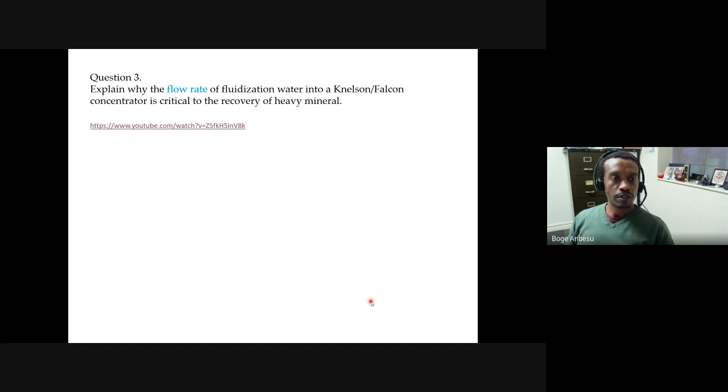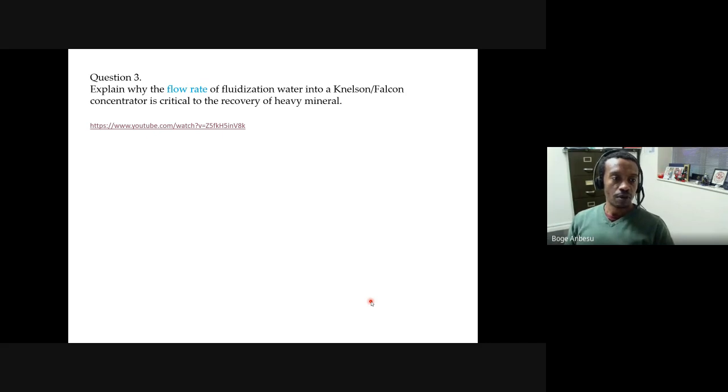Okay, and this question is talking about the importance of flow rate of fluidization water. I mentioned to you that fluidization water is applied against the flow of particles to restrict the segregation of fine light particles in the riffles of a Nelson concentrator. So obviously you need to get that flow rate right.